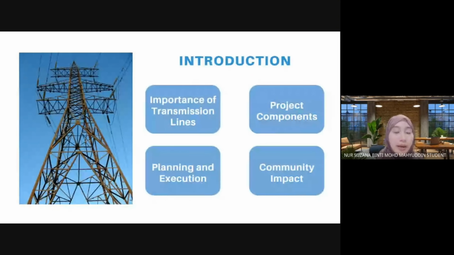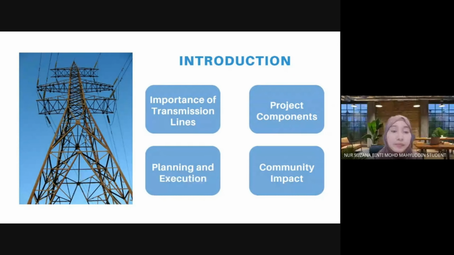Okay, so the project components are a high voltage power line and substation to convert electrical energy from high to low voltage. This requires permits and regulatory approval and right of way acquisitions.